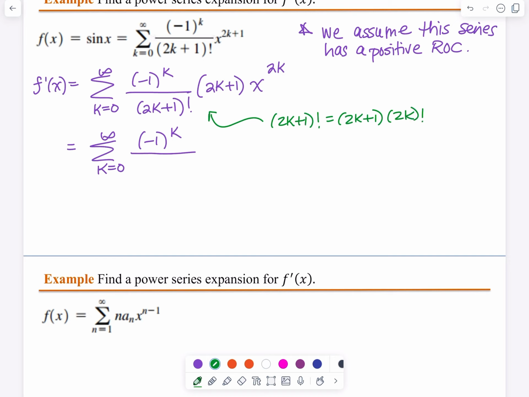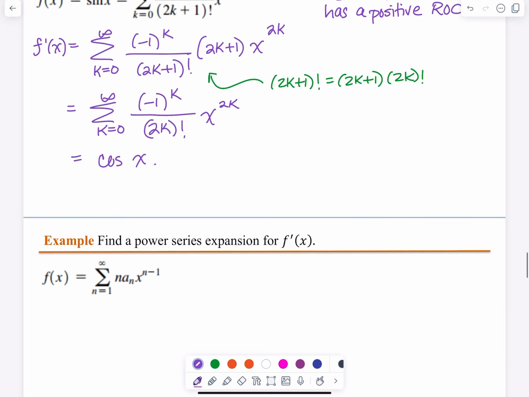So now those 2k plus 1s will cancel, and we're just left with 2k factorial in the denominator multiplied by x to the 2k. And if you recognize that, you will see that this is equal to the cosine of x.